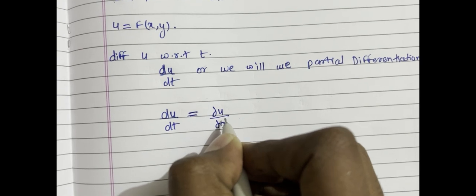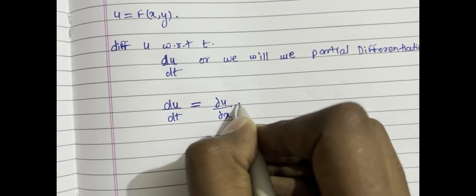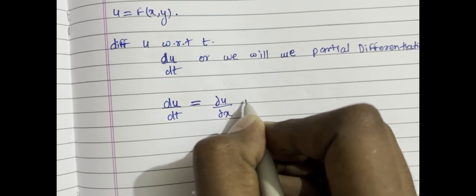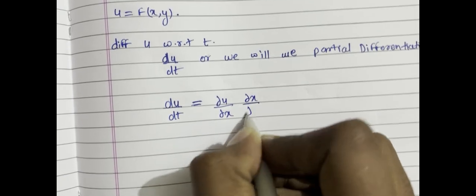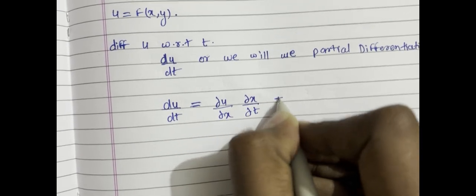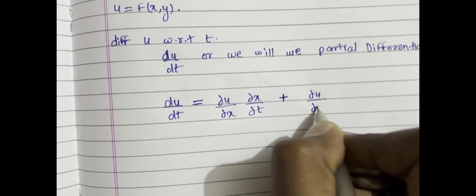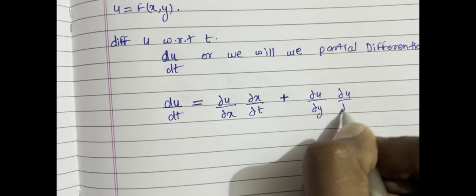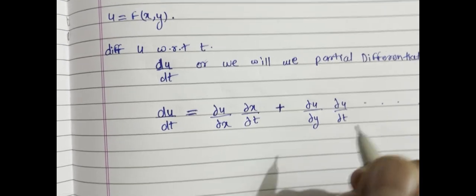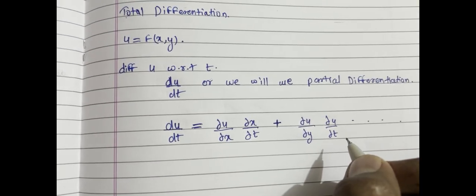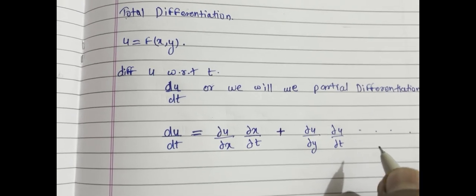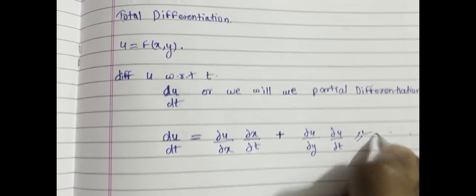First we will differentiate u with respect to x, then we will multiply the differential of x with respect to t, and so on with other variables present in u, like dou u by dou y into dou y by dou t, and so on. In u we only have x and y, two variables, so we will finish it here.